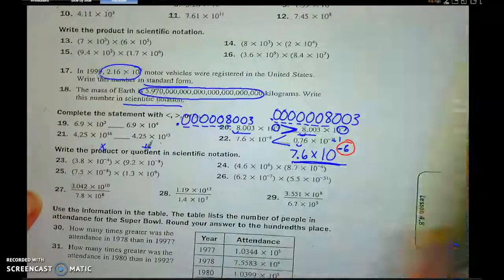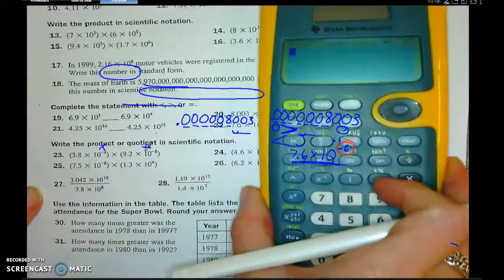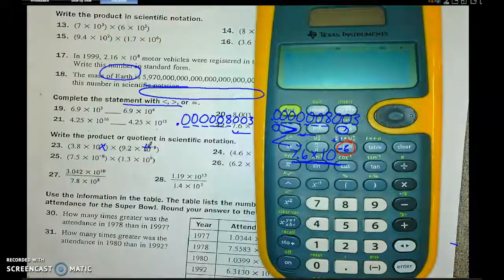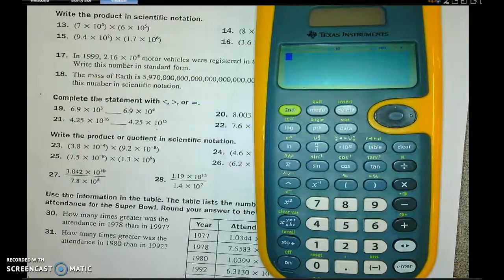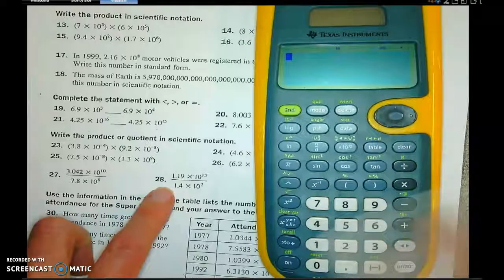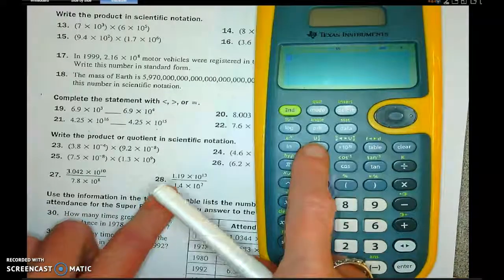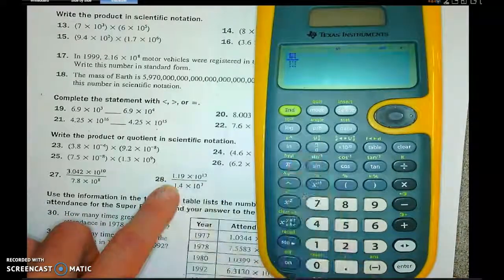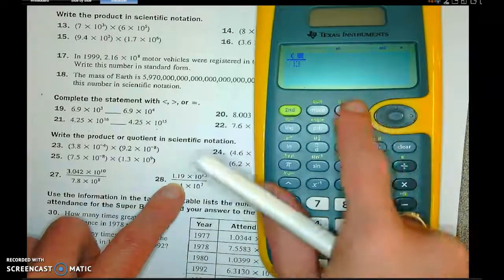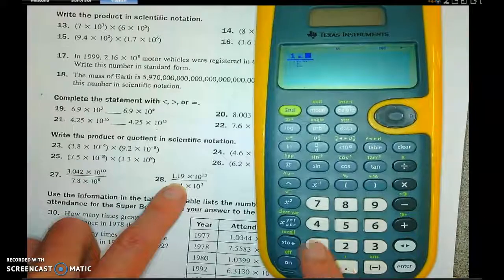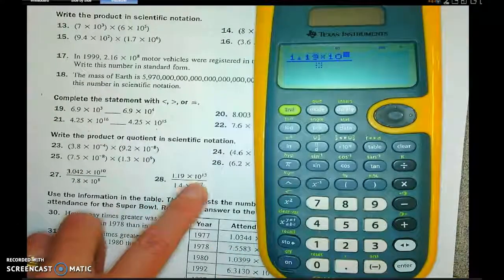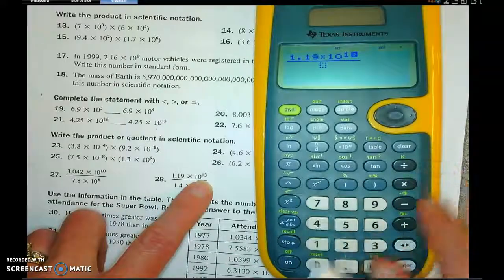Again, we're going to use our calculator to be able to help us out with our division with scientific notation. Okay, I've already got my calculator in scientific notation mode. Okay, I'm going to use my fraction button, N over D, and then I'm going to just put it in. Okay, 1.19 times 10 to the 13th.